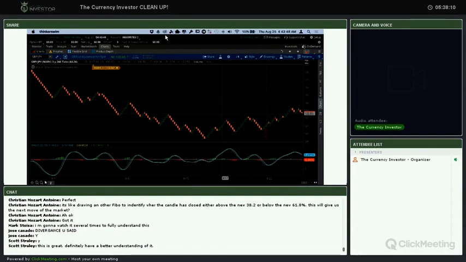The thing I like about this is if we get anything that resembles a hammer, a green hammer, right now we will be up. If you guys took the trade at 176, you'd be up 12 pips.